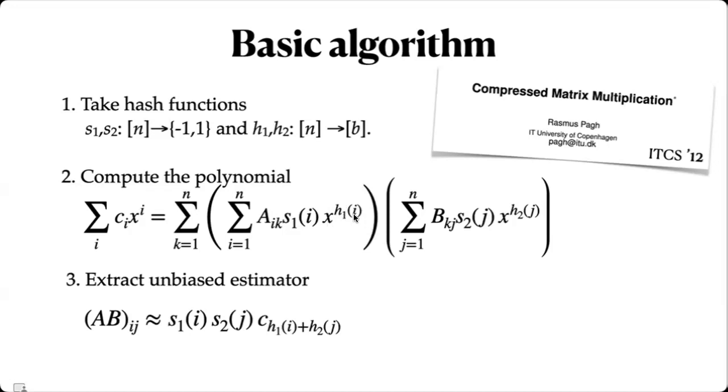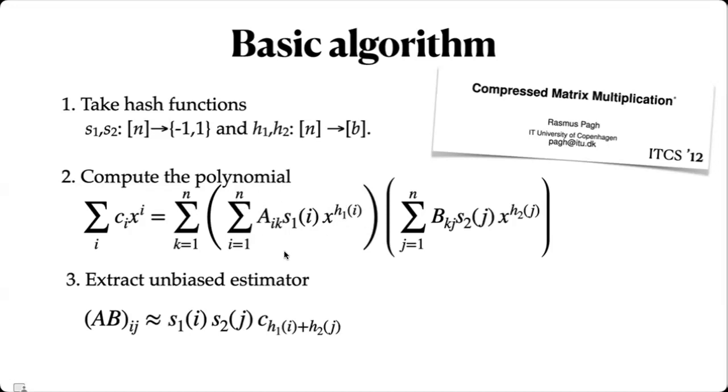This is another way of saying that this value is stored in position number h1(i) of an array. So you can map back and forth between coefficients of a polynomial and a count sketch stored as an array. And then we simply sum this over all the entries.